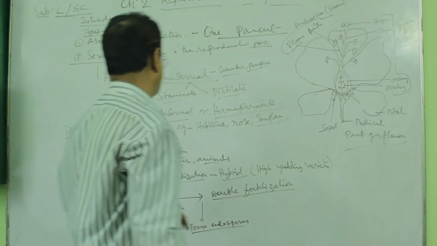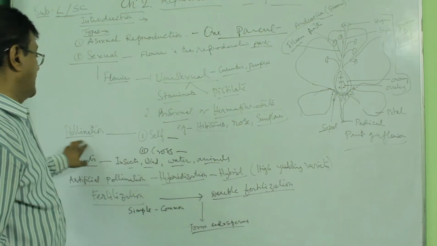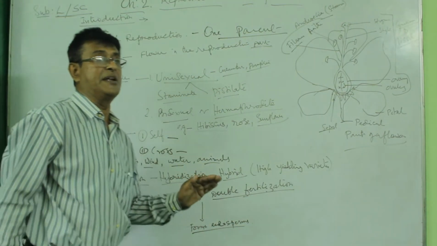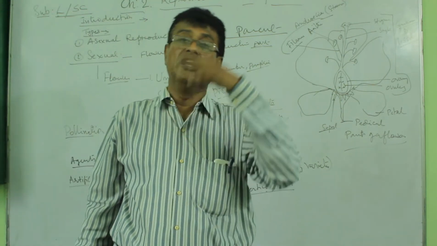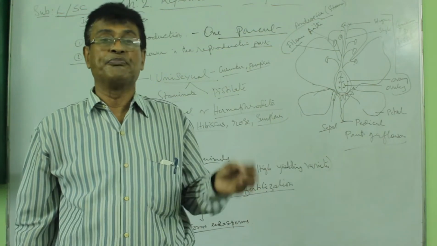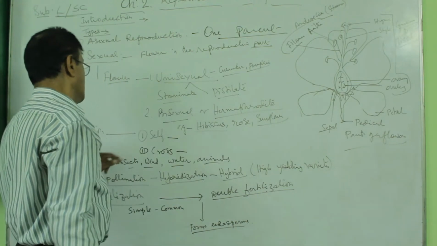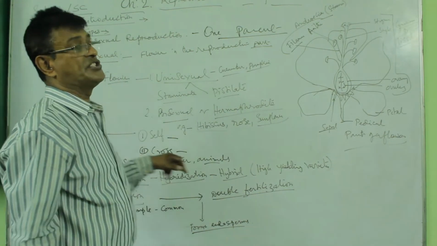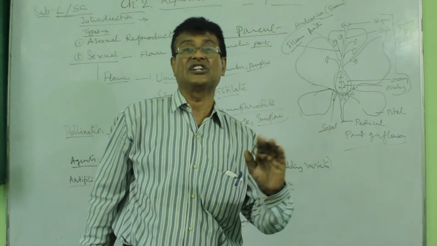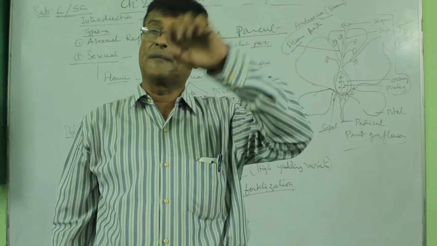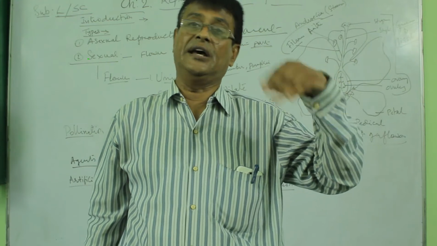In pollination, there are two types. One is self-pollination, that means the pollen is carried to the flower of the same plant. The other type is cross-pollination, which is the transfer of pollen grains from one plant to another plant.